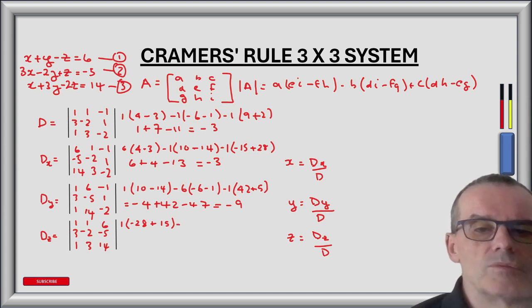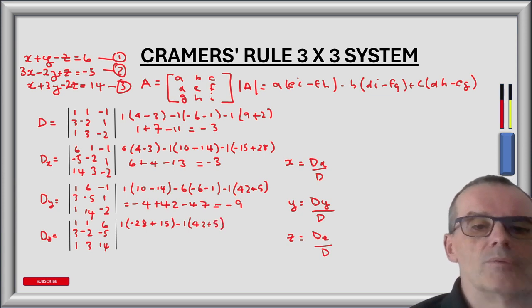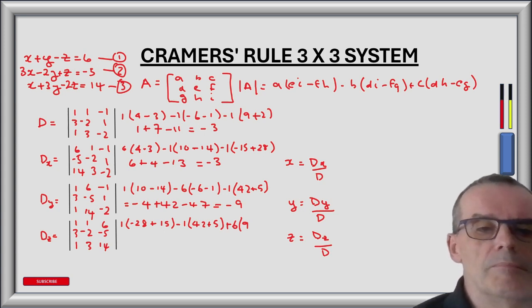Then we have minus 1 times 3 times 14 is 42, and minus 5 times 1 is minus 5, so it's minus 5, so it's plus 5. And then we have a plus 6 times 3 times 3 is 9. Then we have a minus 2 times 1, which becomes a plus 2.